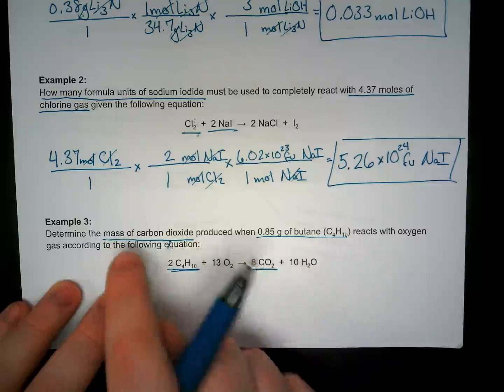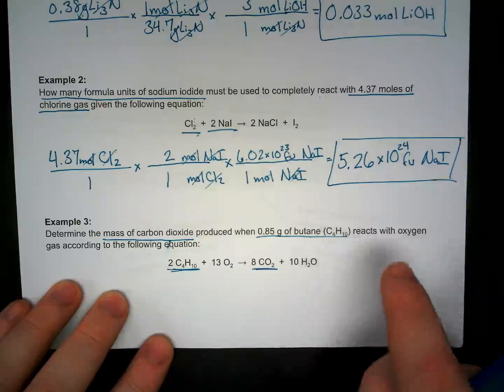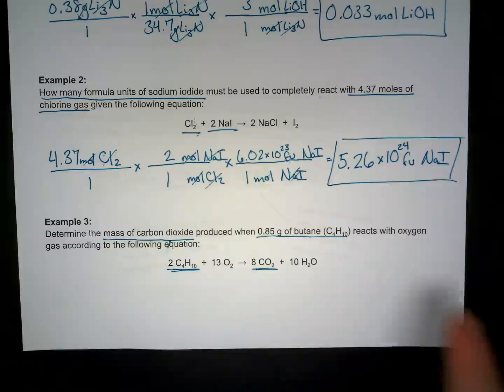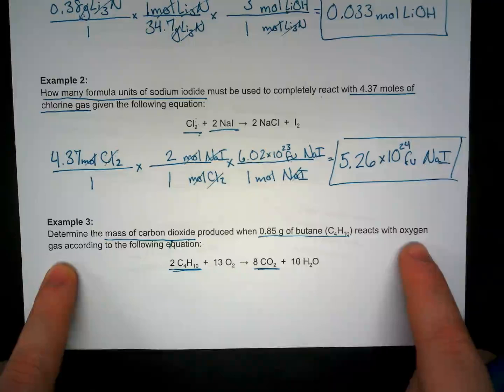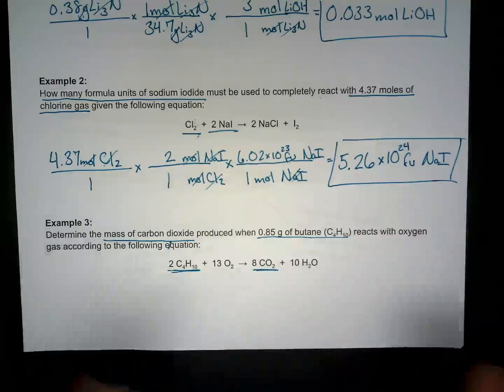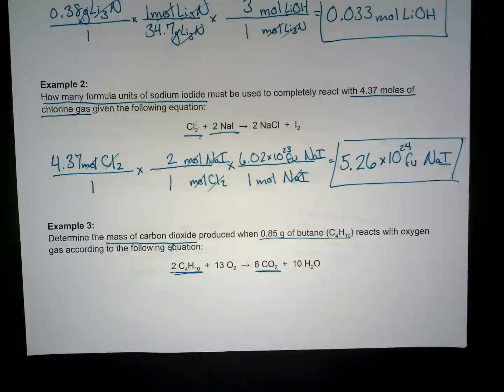Okay, so in this problem it says the mass of carbon dioxide produced when 0.85 grams of butane reacts with oxygen gas. So it may look like this question is telling you, hey, oxygen gas has to do something with this whole thing, like we need to calculate oxygen gas in here. No. All that's saying, this portion right here, is the fact that butane reacts with oxygen.